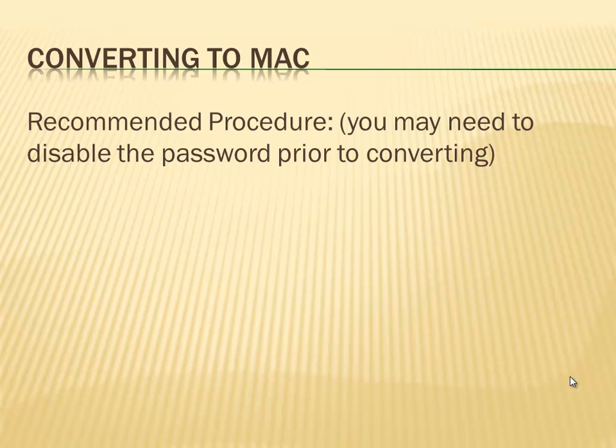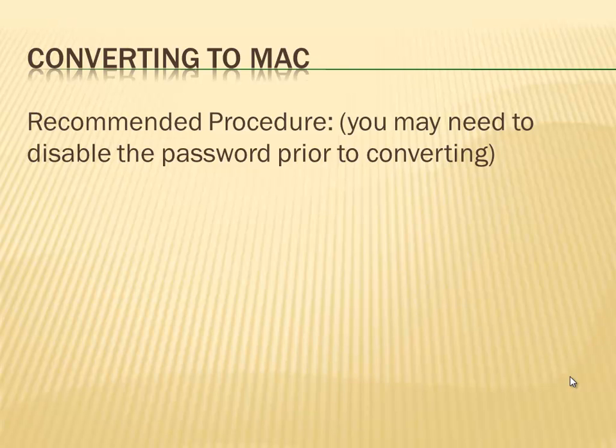So the recommended procedure, the global procedure for changing from Windows to a Mac. First, I have a caveat that I saw in some of the posts in various areas on the internet related to QuickBooks for Mac changing over from Windows. You may need to disable the password function in your QuickBooks for Windows prior to converting. I saw a few people discussing this issue.